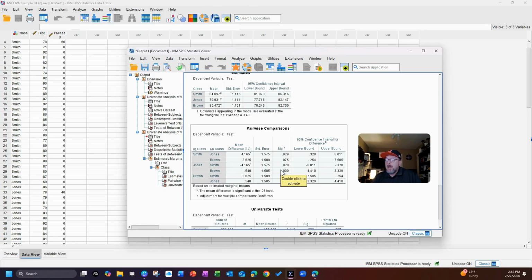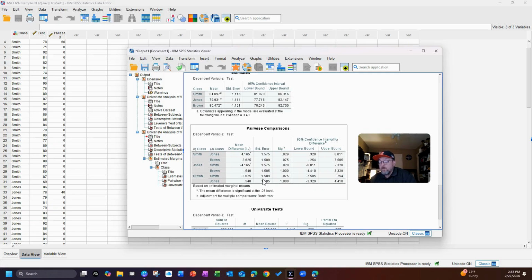APA conclusion: a one-way analysis of covariance was conducted to examine whether math test scores differed between three classes, Smith, Jones, and Brown, after controlling for the number of periods missed. Preliminary assumption testing confirmed that the homogeneity of regression slopes assumption was met, as the class times periods missed interaction was not significant, F(2, 84) = 0.723, p = 0.488.